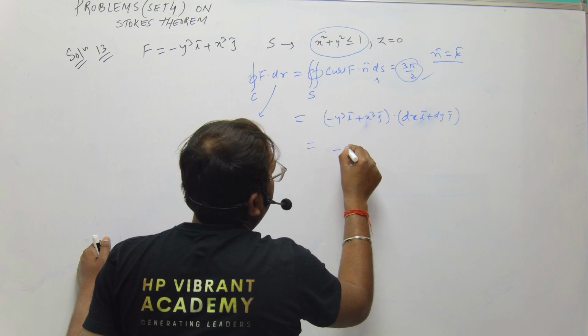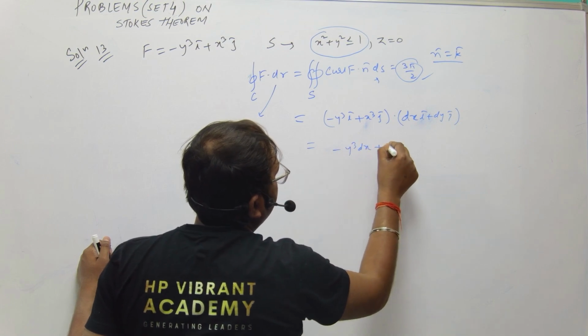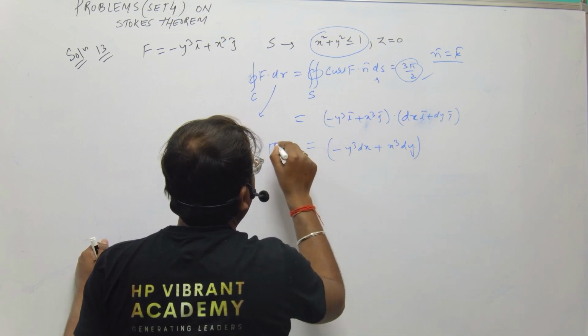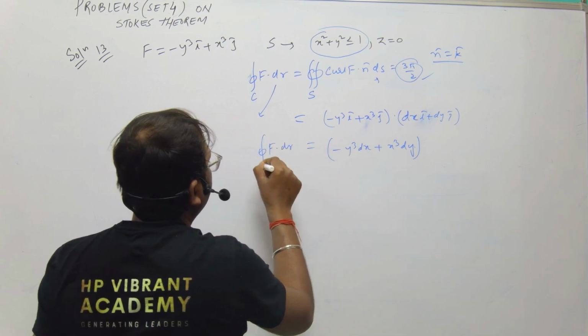This is equal to minus y cube dx plus x cube dy. This is the value of f dot dr along the curve C.